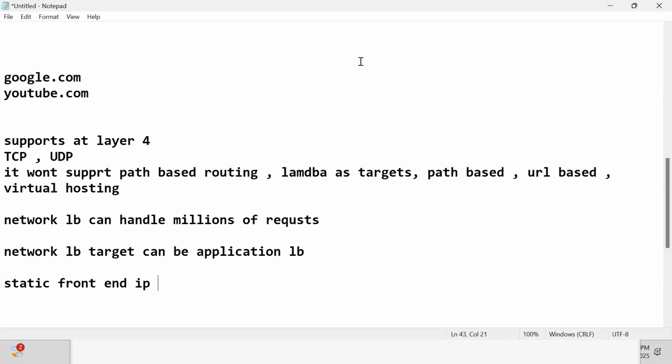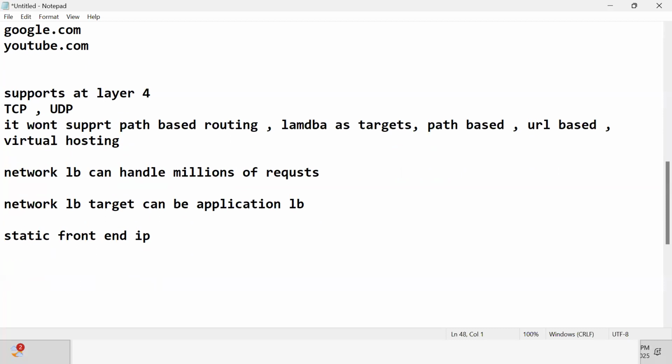We also have a new type of load balancer. What is that? The Gateway load balancer is the new type of load balancer.